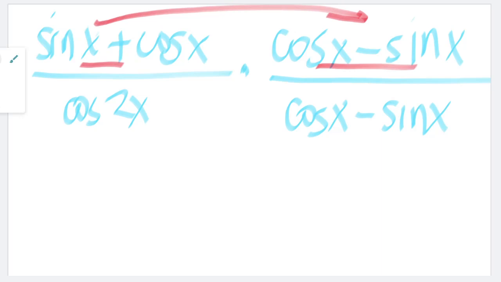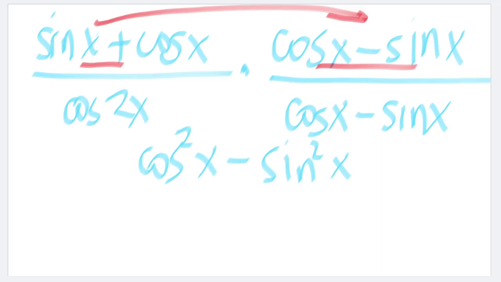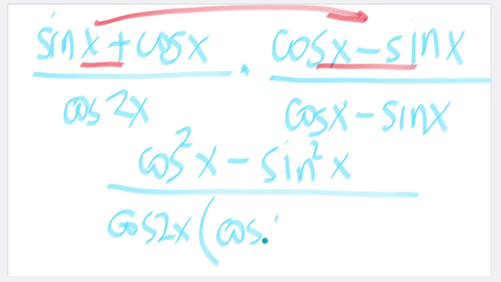So cosine squared x minus sine squared x over cosine 2x multiplied to cosine x minus sin x.